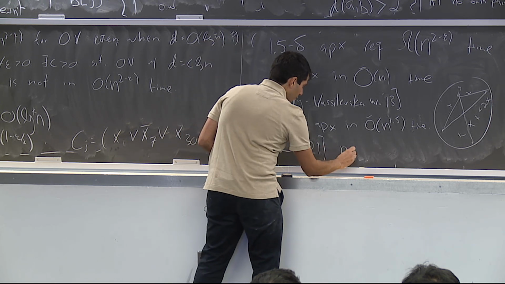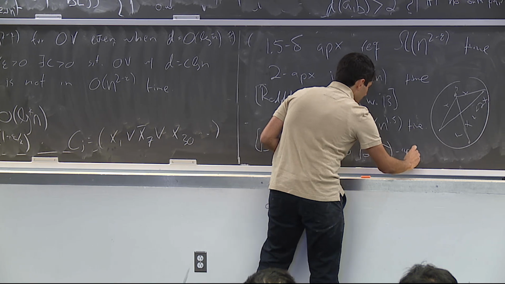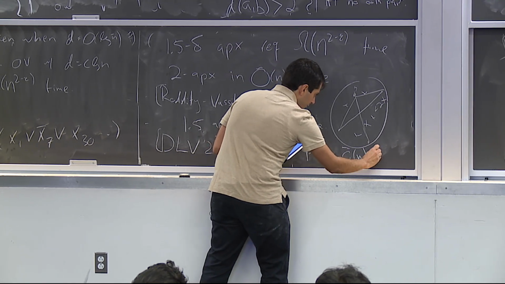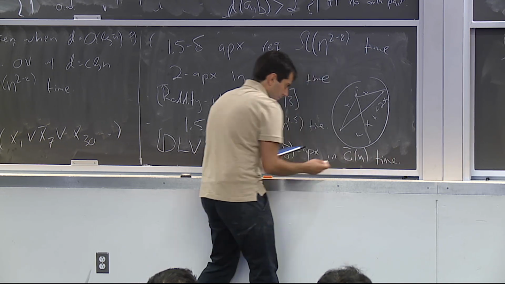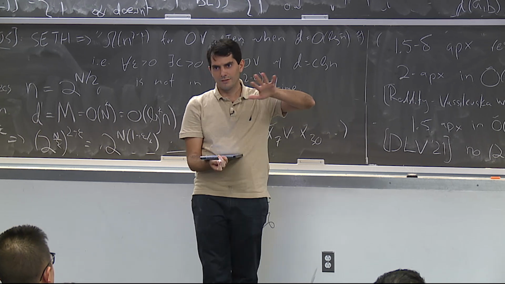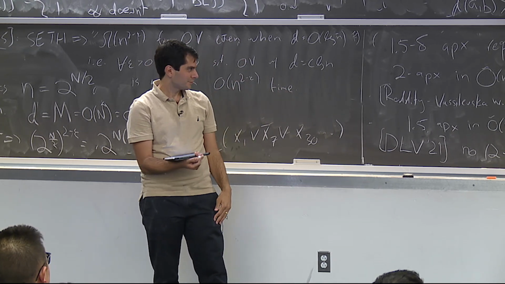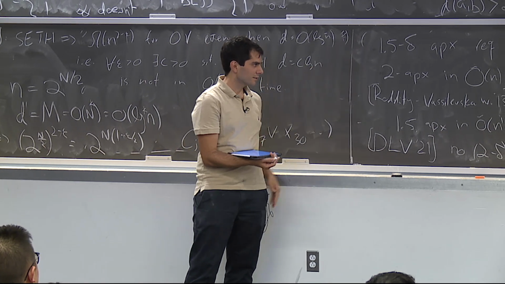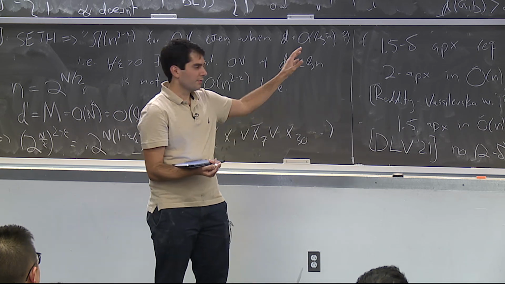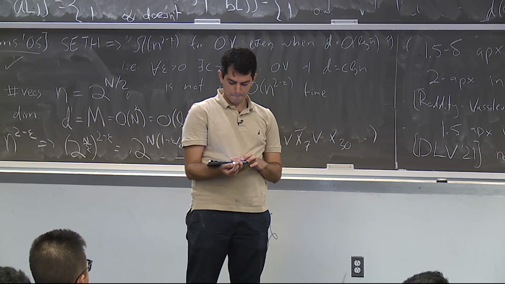There's no 2 minus delta approx in near linear time. And by now, there's a lower bound trade-off and an upper bound trade-off that look kind of the same. They don't match. They go at different speeds, but they match in certain places. And I think that's pretty cool. Everything is under SETH, these lower bounds.